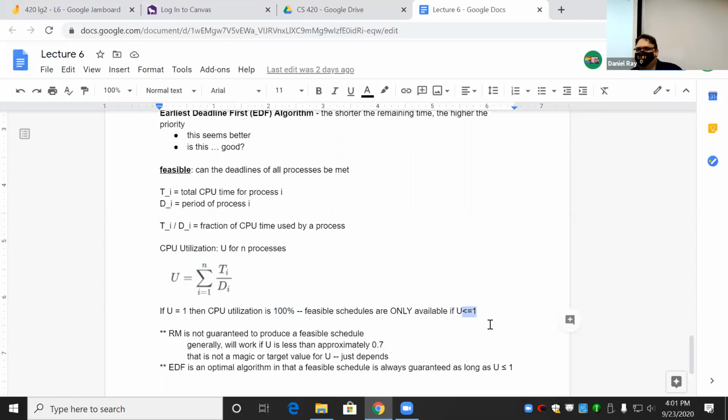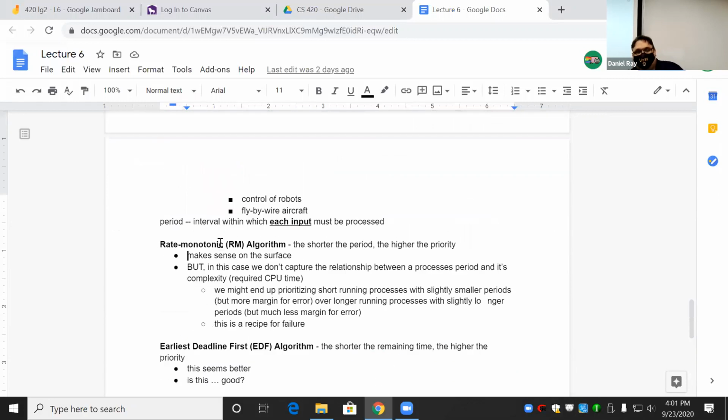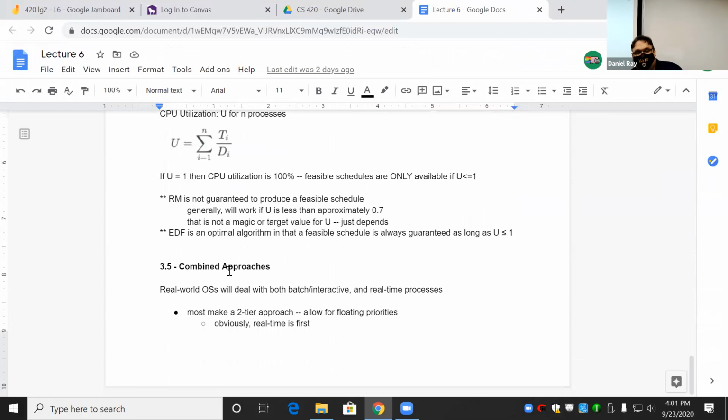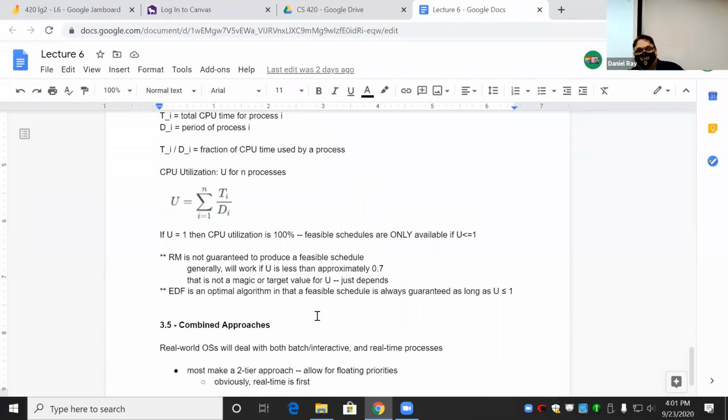Okay? EDF is always going to give us a feasible schedule as long as U is less than or equal to 1, as long as one is available. RM, the rate monotonic algorithm that we looked at first, is not going to give us a feasible schedule necessarily. But again, these are, what's the word I'm looking for?